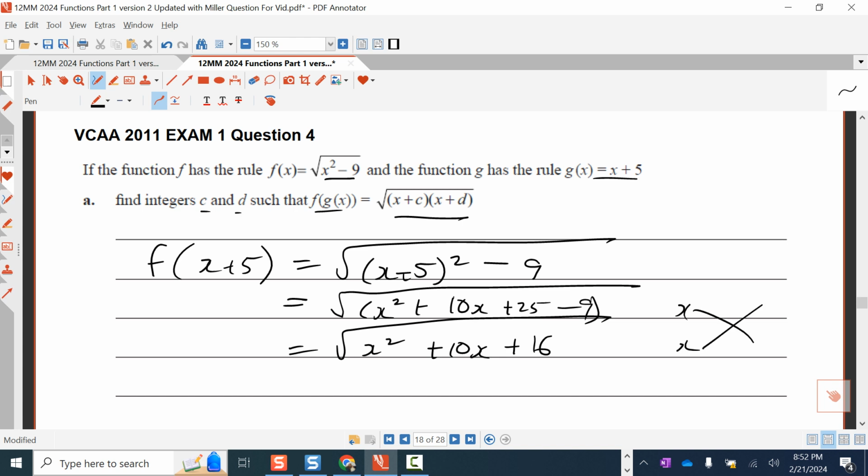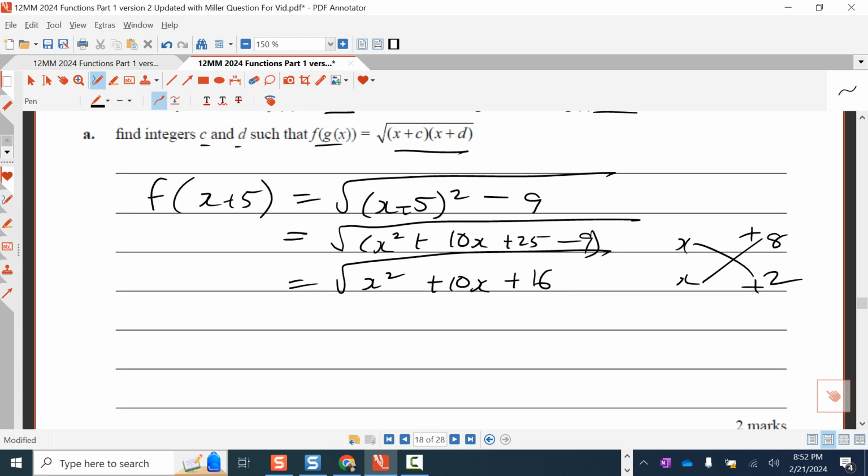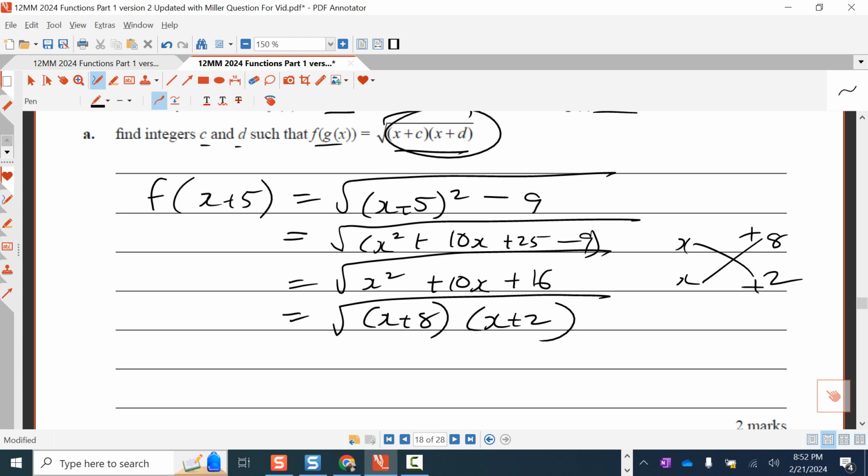Jump on the cross, 8 and 2, plus and plus. (x plus 8)(x plus 2), and it's in the required form. So we're just going to formalize that by saying c equals 8, d equals 2.